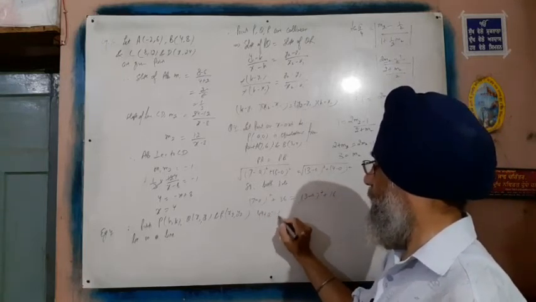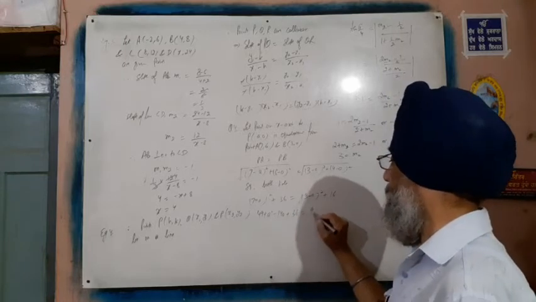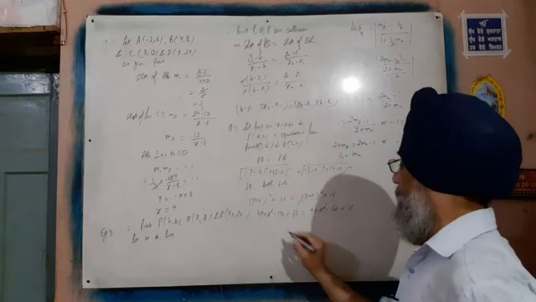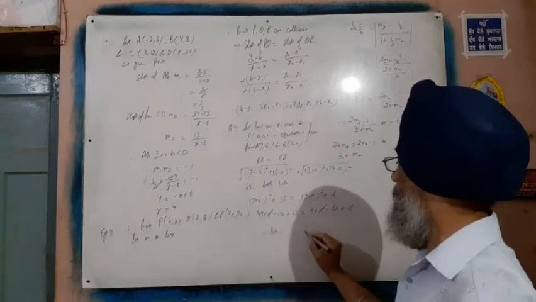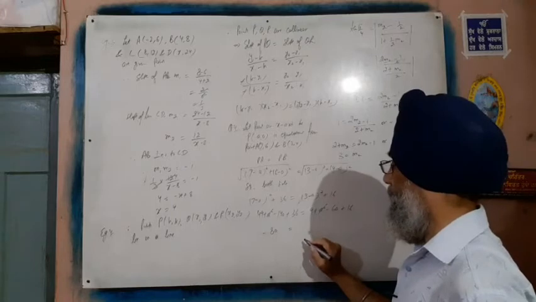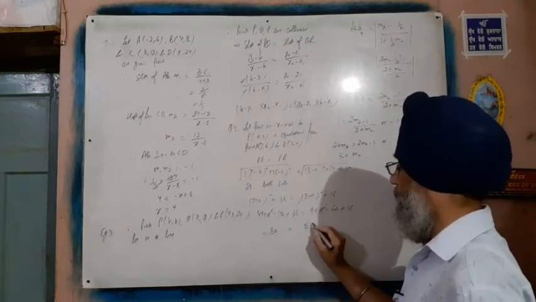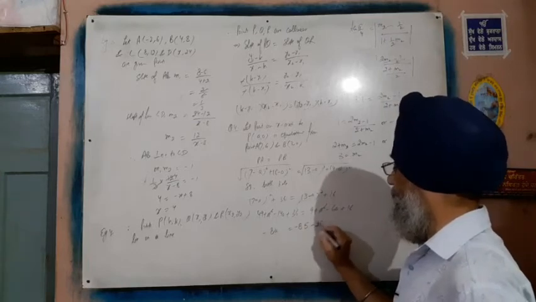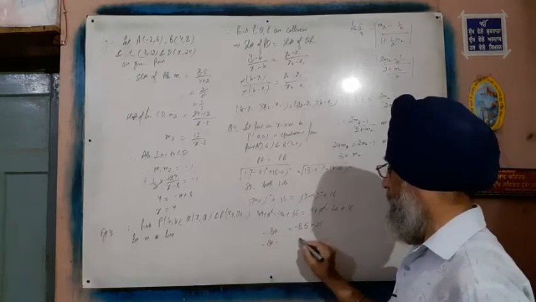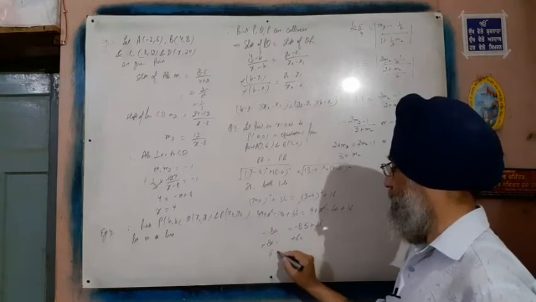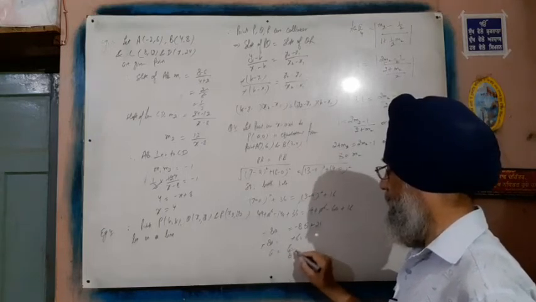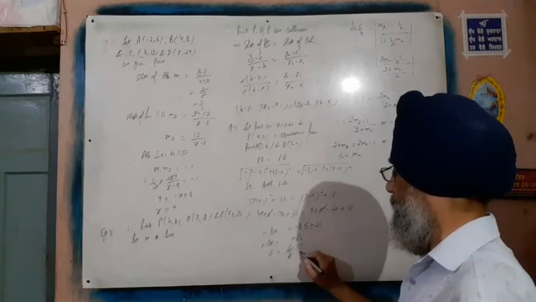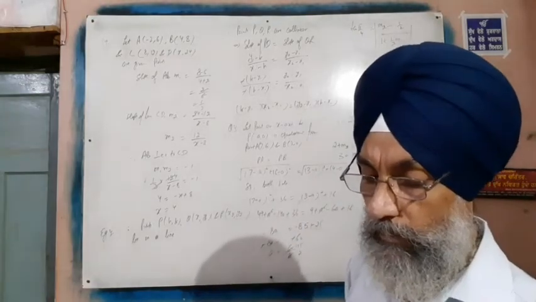So 49 plus a square minus 14a plus 36 is equal to 9 plus a square minus 6a plus 16. a square gets cancelled, minus 8a equals minus 60. So 60 upon 8, that is 15 upon 2. So the value of a is 15 upon 2.